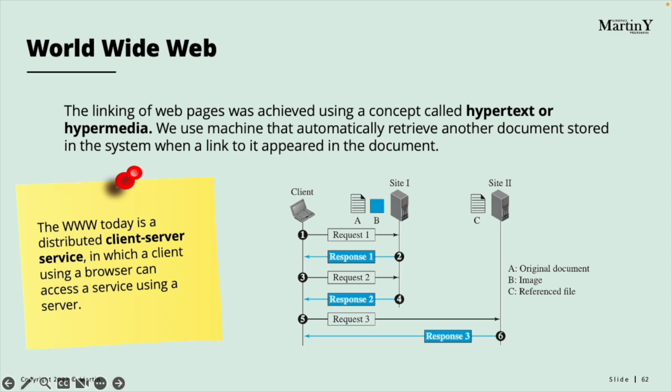It's important also to mention that every link can be also accessed independently. So not only a link to a page, but also a link to an image, video, and so on can be accessed independently, even if it's not linked to any other page. So this is what I mean by distributed and linked.